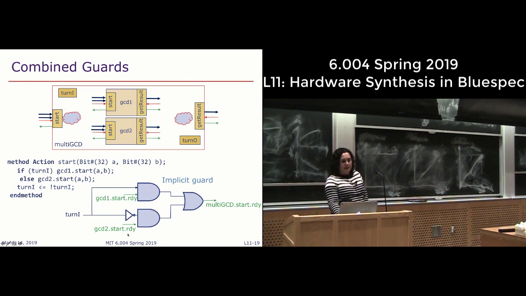And if it's 0, then it must be the case that the GCD2 is ready to start a new computation. Okay, and so together, those are going to produce this outer level ready signal of my higher level sequential module. Is that clear to everyone? Any questions about how we produce that?